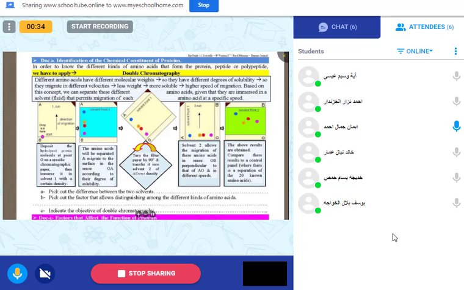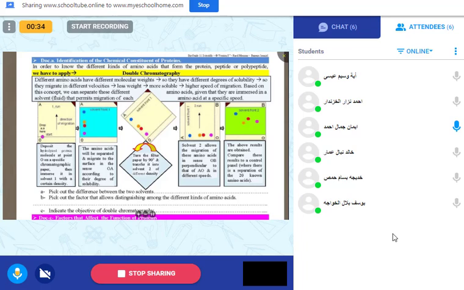Then we put the mixture of these amino acids on a paper, and then we put the paper in solvent 1. This solvent has a specific density, but it will help us to dissolve these amino acids.